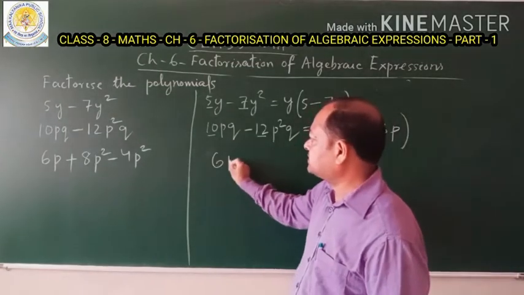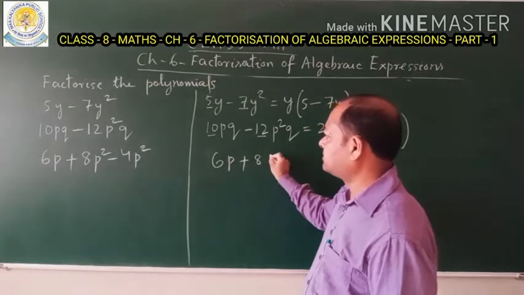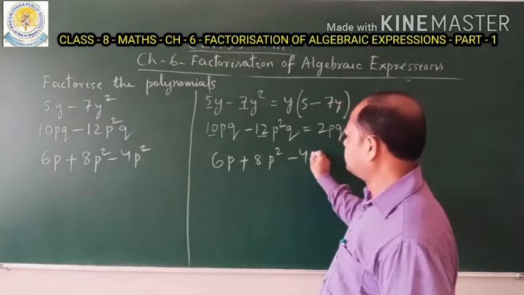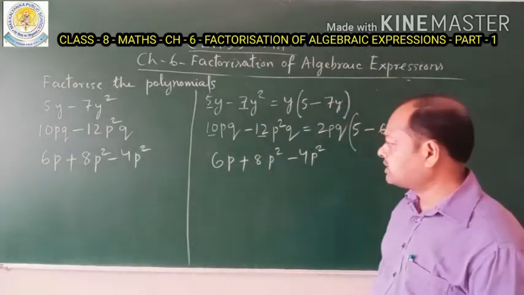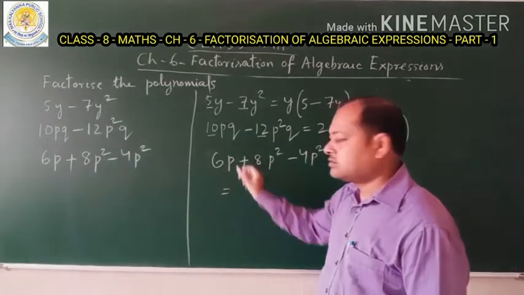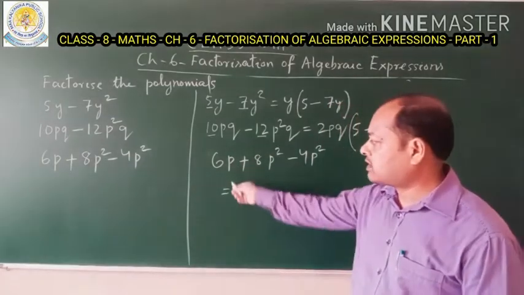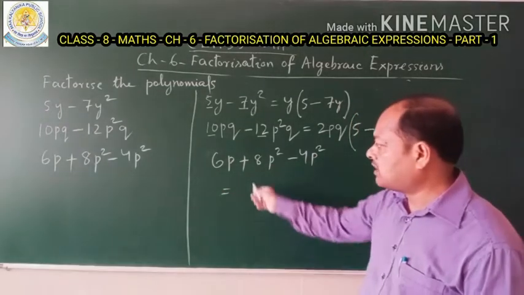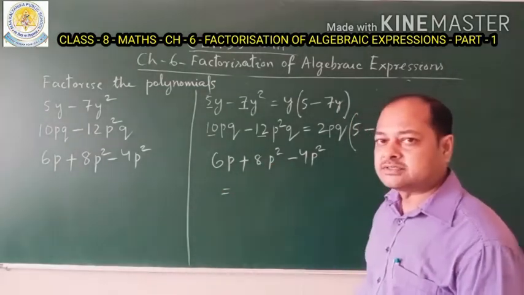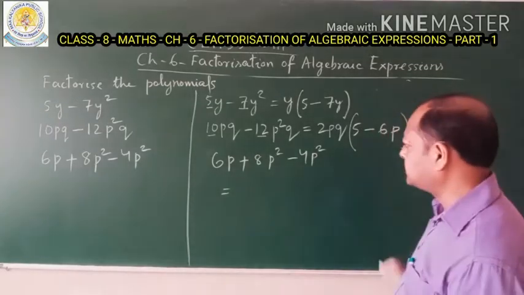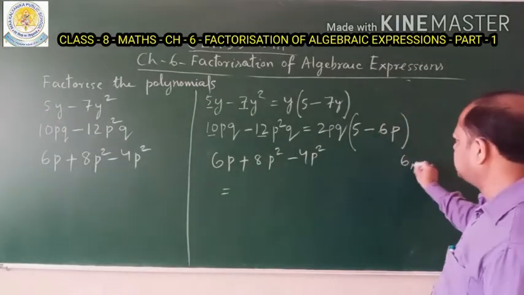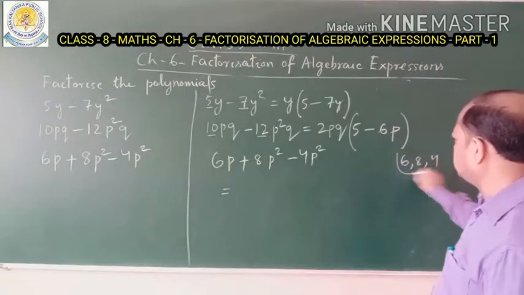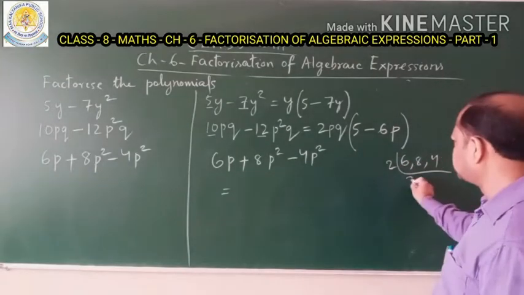Now look at the third question. The third question says: 6p plus 8p square minus 4p square. Here the first step is to see the coefficients. What are the coefficients? 6, 8 and 4. What is the HCF of these three? 6, 8 and 4 are divisible by 2. 2 3s are 6, 2 4s are 8, 2 2s are 4.